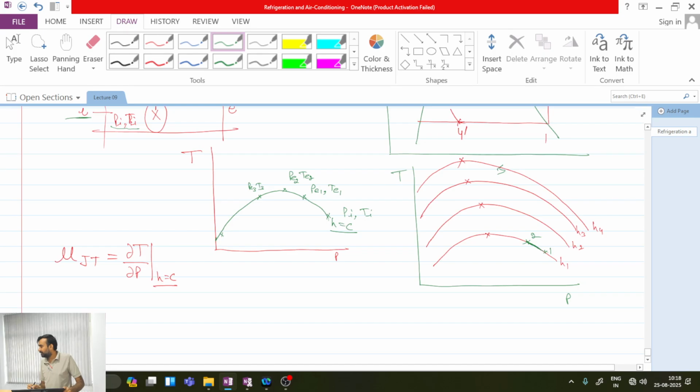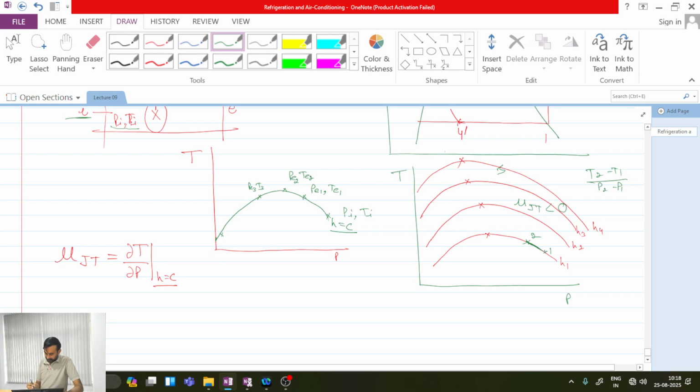T2 is greater than T1, so slope is T2 minus T1 by P2 minus P1. Now T2 minus T1 is positive and P2 minus P1 is negative. So it means on the right side of this I am having mu Jt as less than 0.